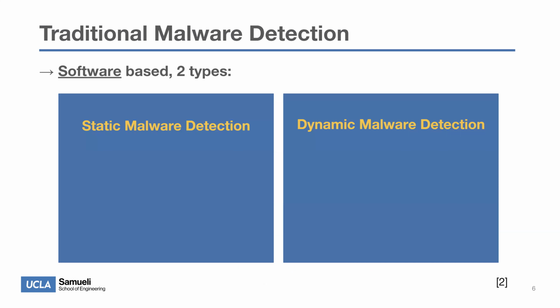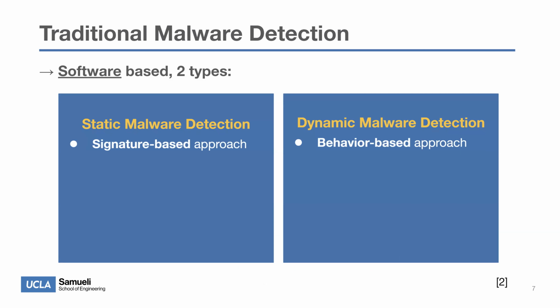So traditionally, malware detection was based on software, and there are majorly two types: static malware detection and dynamic malware detection. Static malware detection is a signature-based approach, whereas dynamic malware detection is a behavior-based approach. So what does that mean?